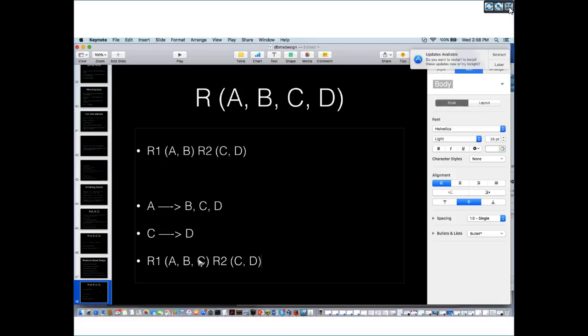Any joining of R1 and R2, because this is key, this value joins with whatever values are present here, will produce the original table having key.